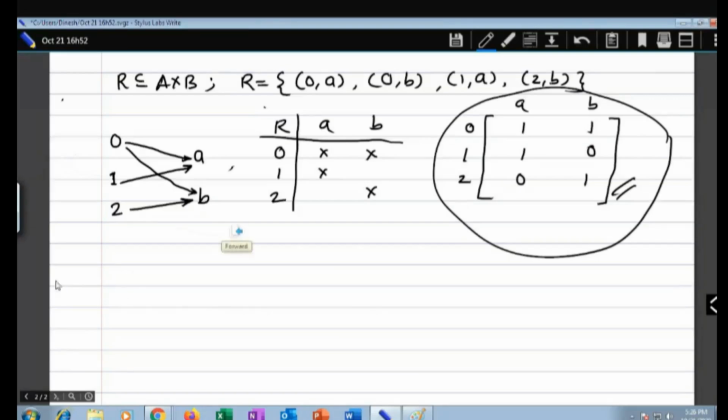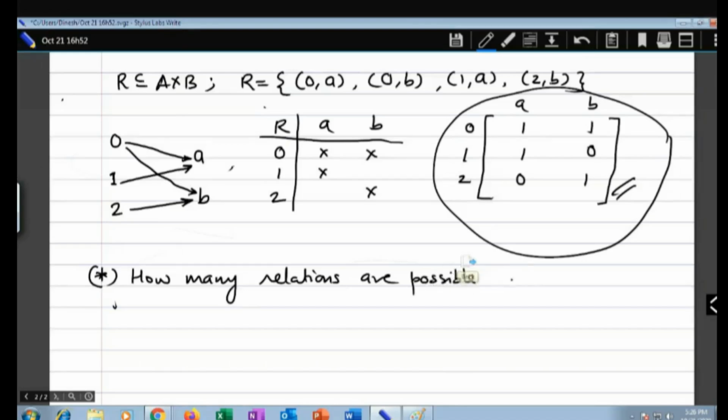Now let me ask one question to you. This was asked in the GATE examination. How many relations are possible on a set with n elements?